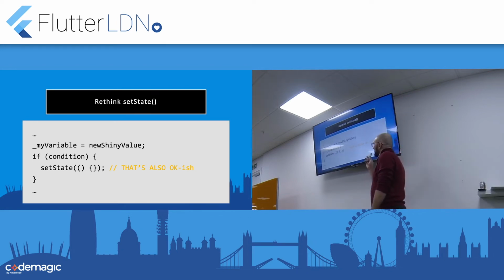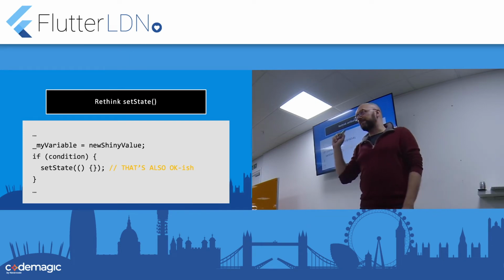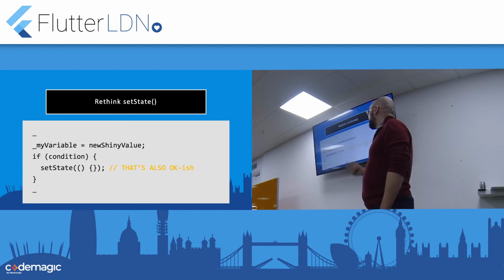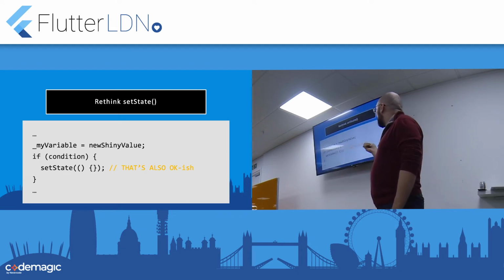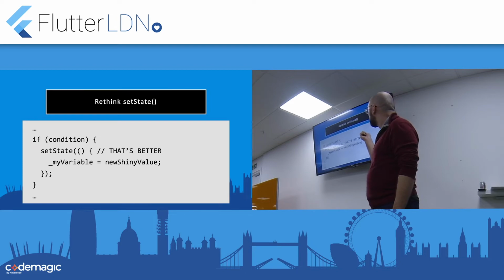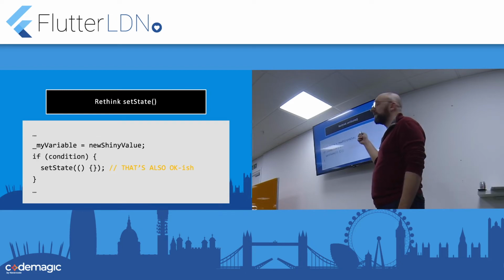So store your variable somewhere and do a comparison. But in larger widgets where you have several values and several places where you can call set state, this gets really messy if you start doing things like this. So more like this, occasionally like this.